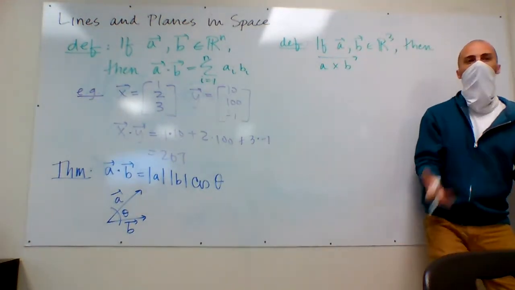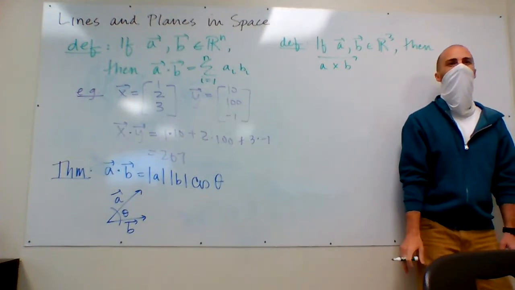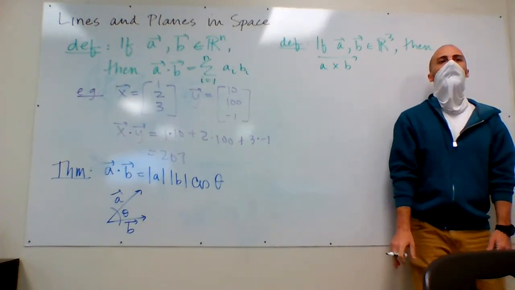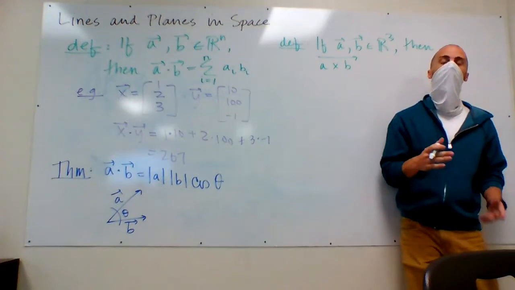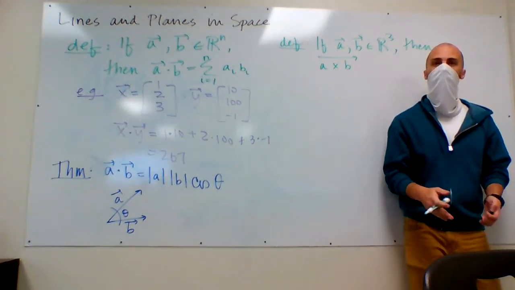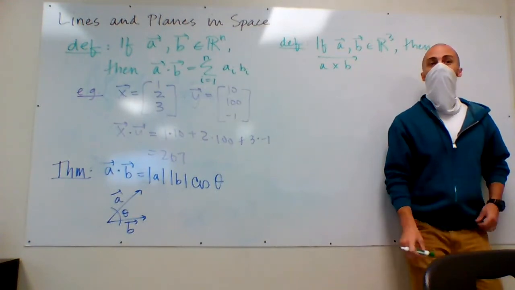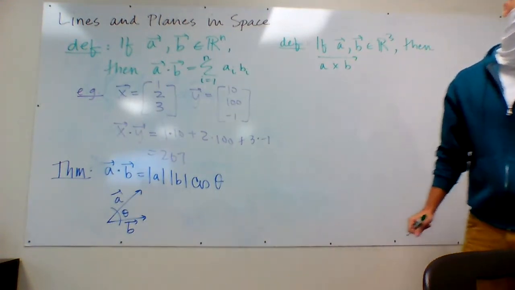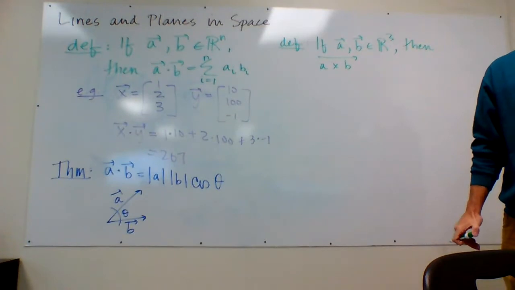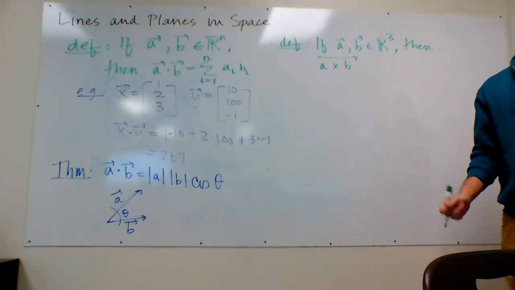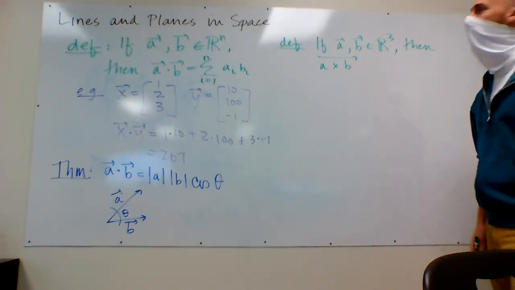We can show you how to compute the cross product, but actually defining it is kind of unpleasant. So I think what I'm going to do is define it in terms of a determinant, which is something we studied in the last semester. And if you were not in the linear algebra course, it's okay. I'll show you how to compute the cross product, I'll tell you what it means, and then you'll just be happy with that.